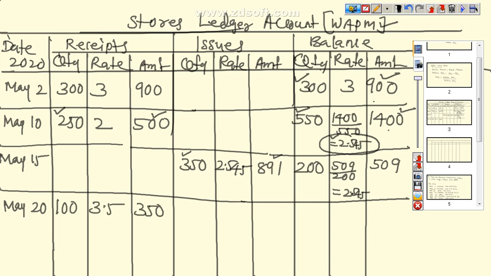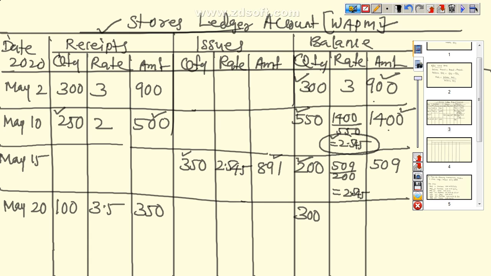Now after every receipt, meaning purchases, quantity will increase as well as amount also will increase. So we have to remember the formula. Quantity, that is 200 plus 100, that is equal to 300, and amount also will increase. If we purchase the material, quantity will increase as well as amount.